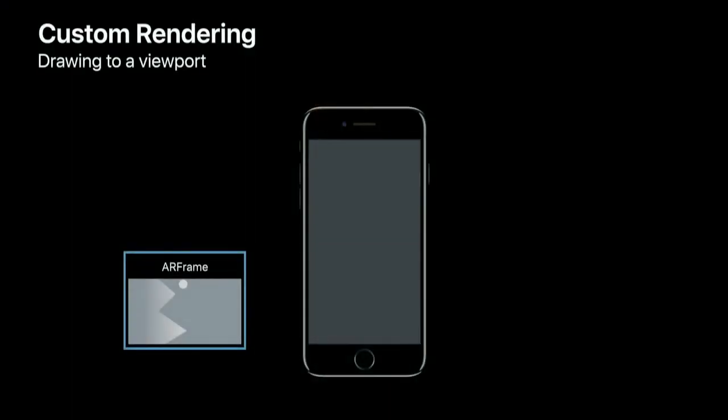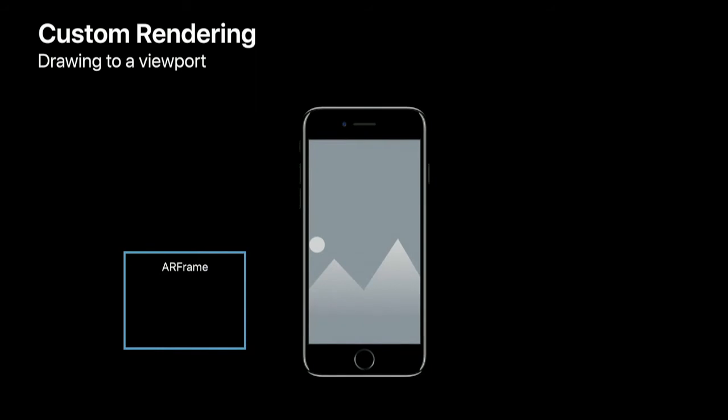Then there are a few things to note when rendering based on a camera image. We want to have a quick look at those. So one thing is that the captured image that is contained in an AR frame is always provided in the same orientation. However, if you rotate your physical device, it might not line up with your user interface orientation, and a transform needs to be applied in order to render this correctly.